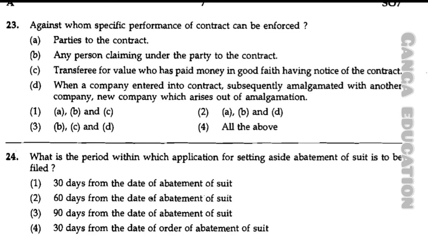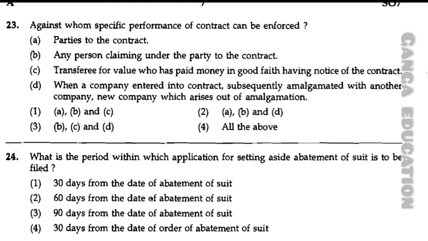Now question number 23. Against whom specific performance of contract can be enforced? A, parties to the contract. B, any person claiming under the party to the contract. C, transferee for value who has paid money in good faith having notice of the contract.